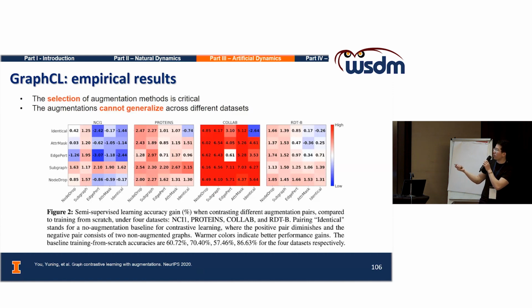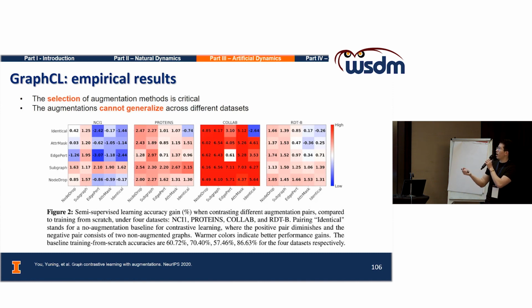The red blocks mean positive results compared with baselines, and the blue blocks mean negative results. Since this is an unsupervised representation learning work, the baseline is the supervised setting, which means they directly train a graph convolutional network from scratch. And there are two important findings.